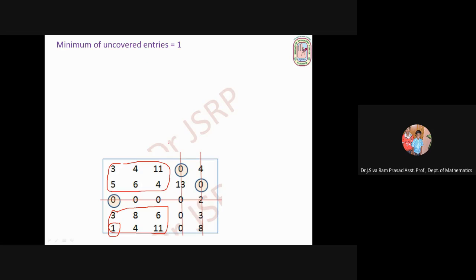Right? What is the next step? We have to find out new possible assignments. For that, we have to subtract the minimum of uncovered entries from the uncovered entries. The minimum of uncovered entries is 1.